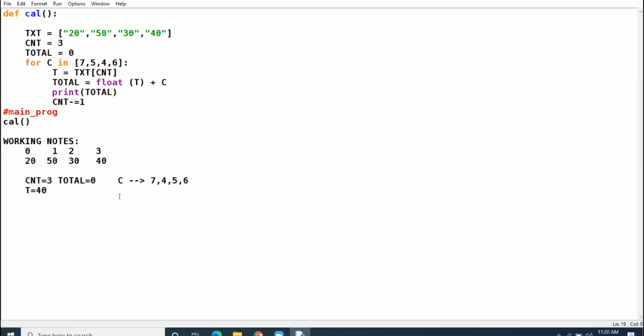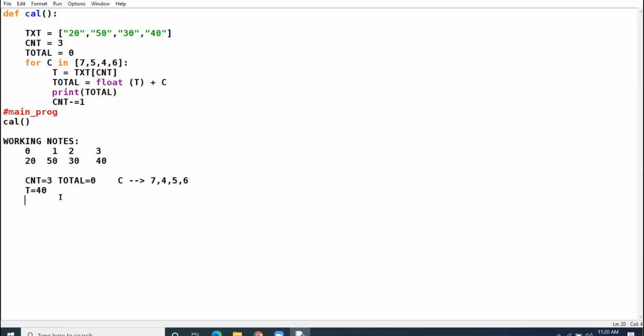Now, in the next statement, we convert our value of T into float type. It was a string type initially.